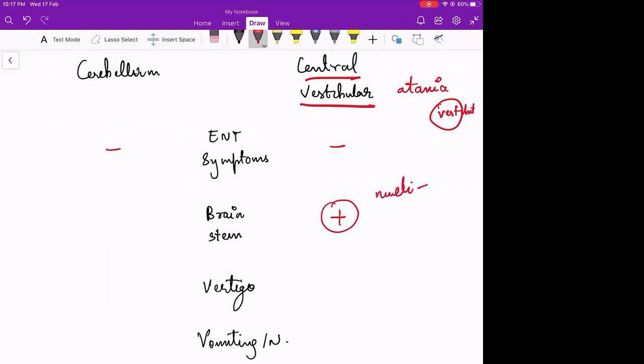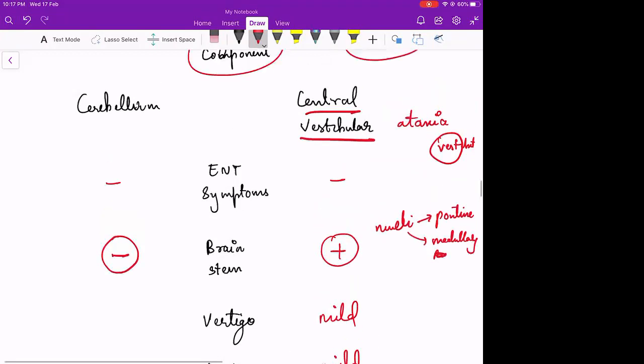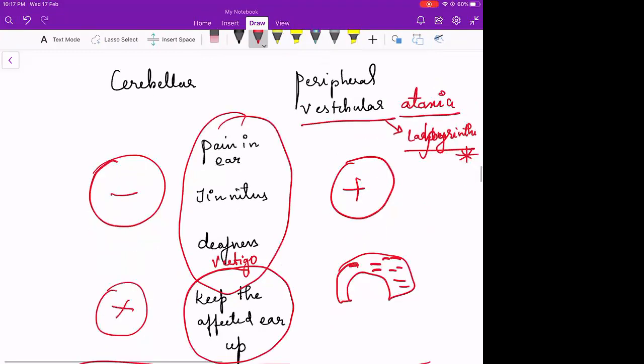Any nucleus in the region could be affected, which will usually be absent if an isolated cerebellar disorder is present. Vertigo is usually mild here, and even vomiting is mild in central vestibular, whereas it will be profound in peripheral vestibular ataxia.